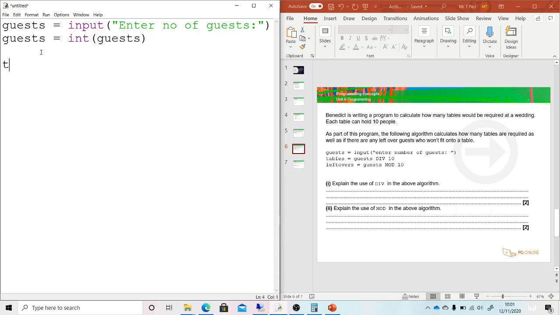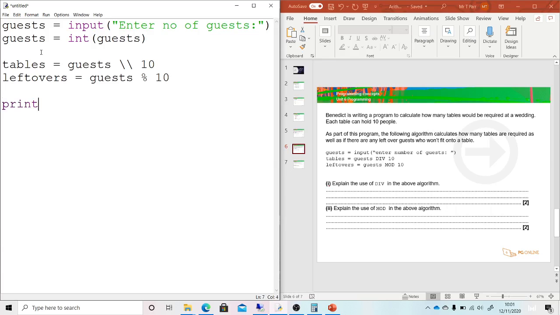Right, so tables is equal to guests. We're using div, so in Python you just do 2 slashes for floor division. Okay, guests div 10. Leftovers is equal to guests, and for mod we use the percentage in Python. Okay, and that's it.